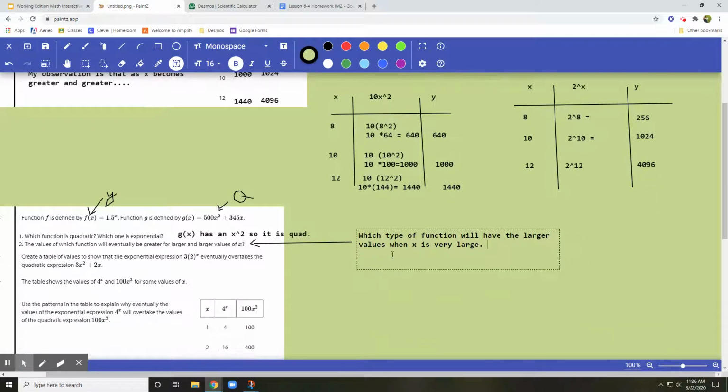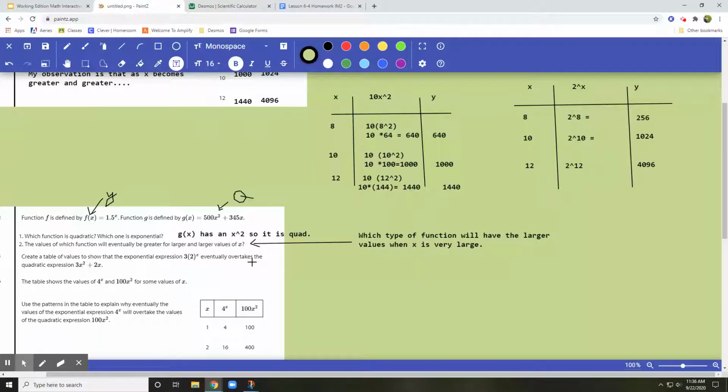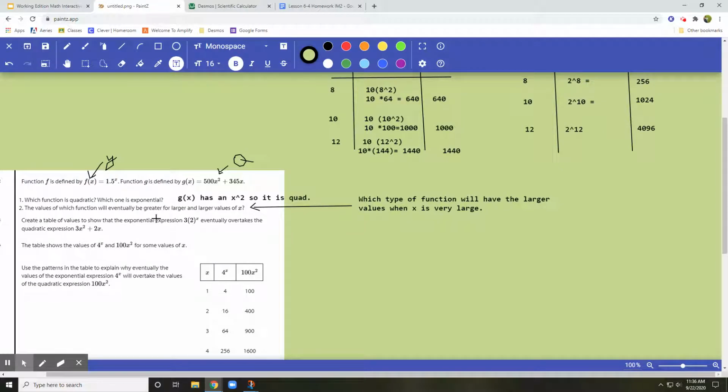So we know that as x gets very large, and we have it in our notebook several times, I'm circling it right now, the exponential function gets very large. There's a difference there.